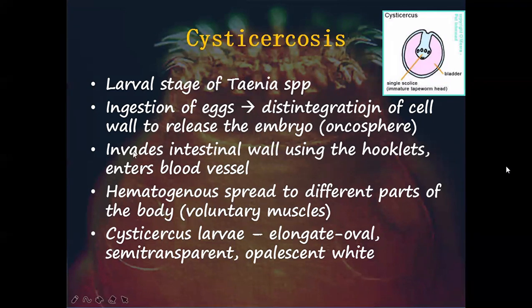The oncosphere will invade the intestinal mucosa using the 6 hooklets and will enter into the blood vessel and is spread to different parts of the body, more commonly on the voluntary muscles, where they now become cysticercus larvae, which are elongate, oval, semi-transparent, or opalescent white larvae in your muscle tissues.